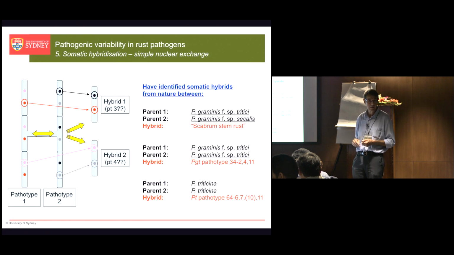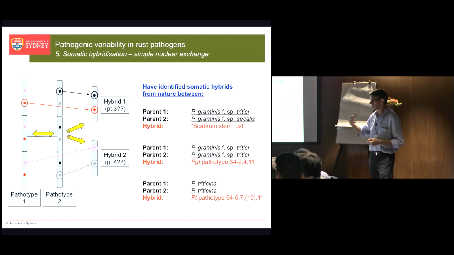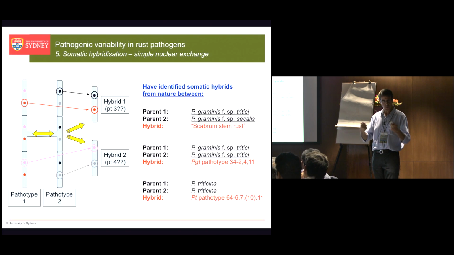They can infect barley, so we get a 3rd form of stem rust off barley as well, this hybrid. They can't infect wheat, they're highly avirulent on wheat. They can infect rye, they can infect barley. We believe these are asexual hybrids caused by this exchange of genetic material between the wheat stem rust pathogen and the rye stem rust pathogen.